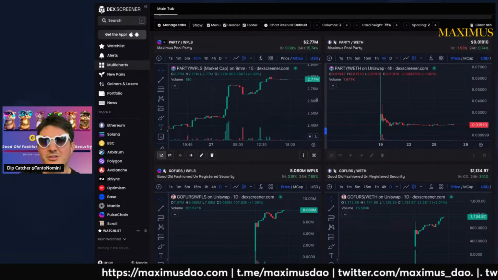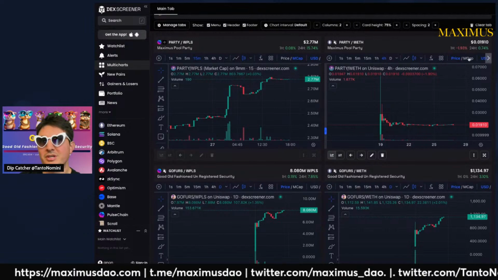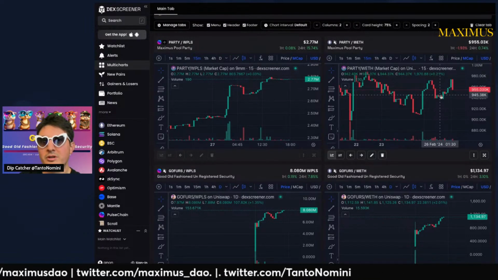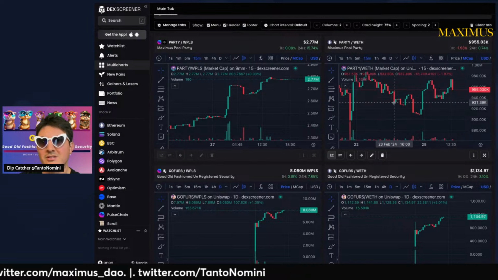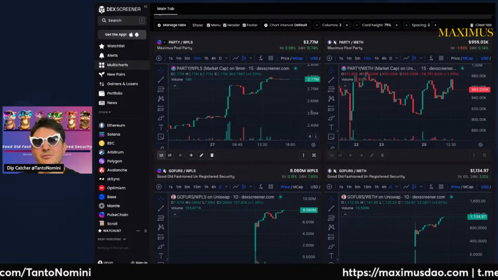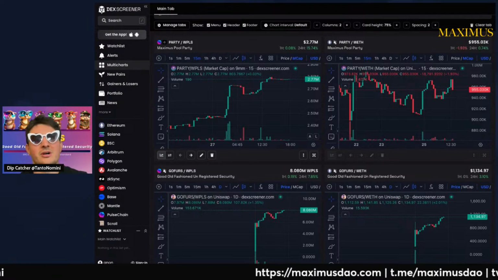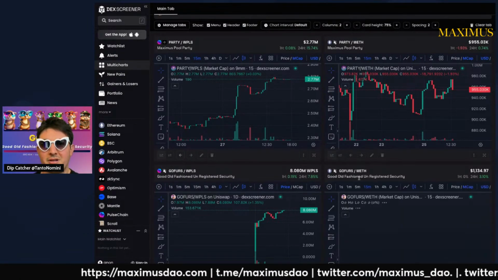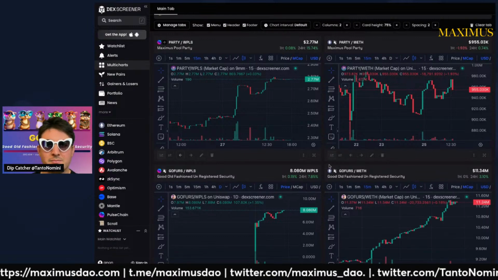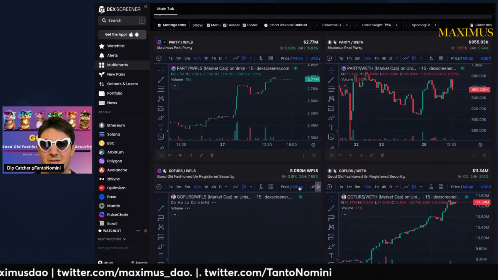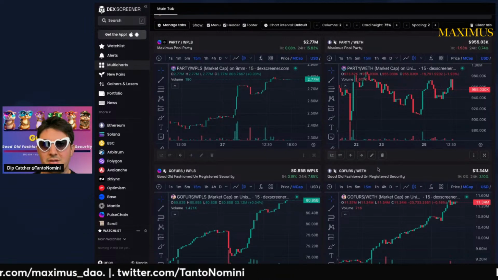That's pretty awesome. So the pool party market cap is 2.7 million. The pool party on Ethereum is just under 1 million. So about $3 million, almost $4 million of market cap on party. The market cap on GOFURS is 8 million market cap, or 8.